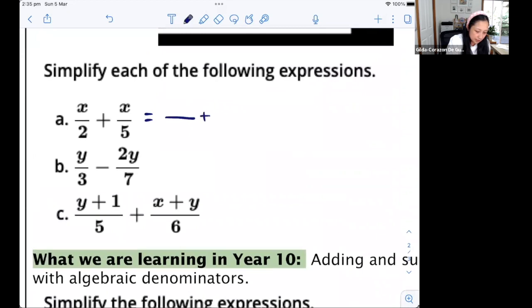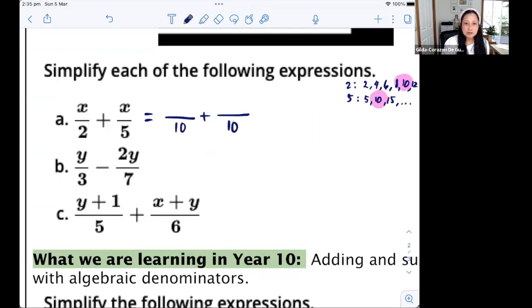What is the least common multiple of 2 and 5? Well, if we list all the multiples of 2 and 5, that becomes 2, 4, 6, 8, 10, 12, etc. And for the multiples of 5, you get 5, 10, 15, etc. Your common multiple is 10, and it's the first one that appears.